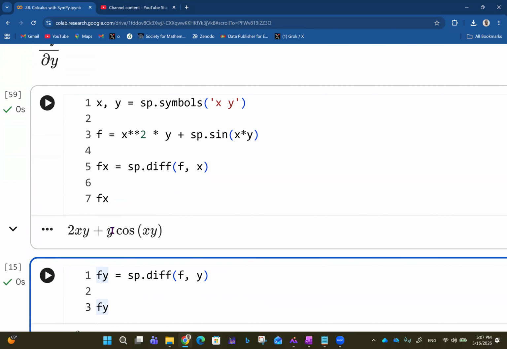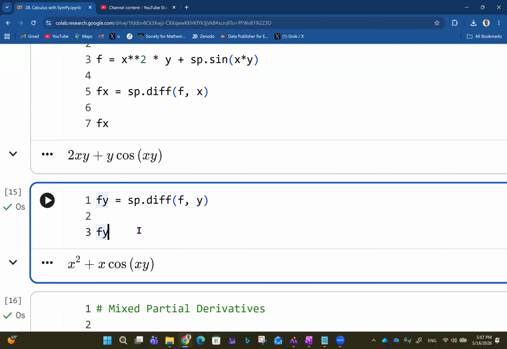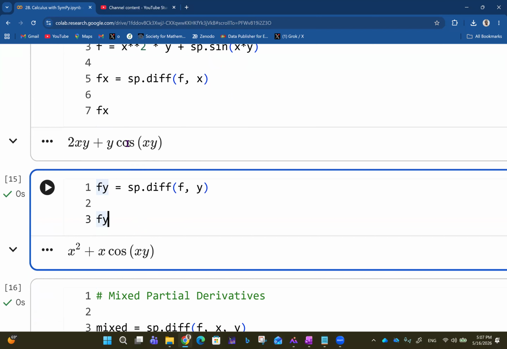So 2xy with respect to y, you have 2x plus, if you differentiate this with respect to y, this is now like chain rule, you know. What is that thing called? This is product rule, yeah, product rule. So you keep y and you differentiate cos xy with respect to y.